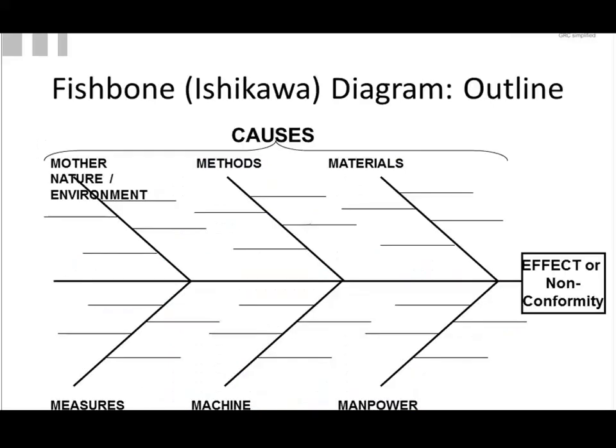So here again, you see that all laid out. Now, the problem is stated in the box off to the right there. And you can put this on Excel. You can do it yourself. You can draw it. You can buy macros that do it from various providers out there. You can do it by hand, and I've done that as well. And this is a good start. I find that you rough in the basics under each of those categories that apply to your situation.